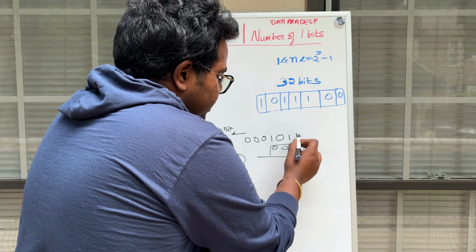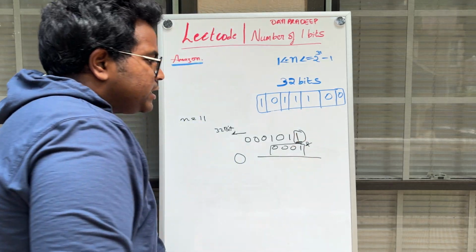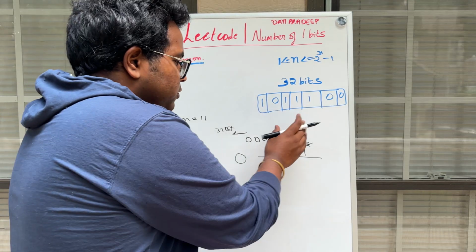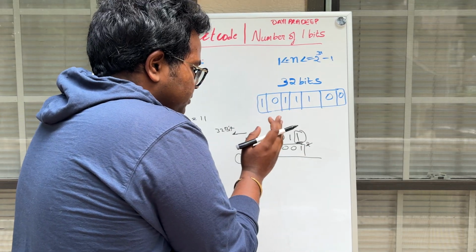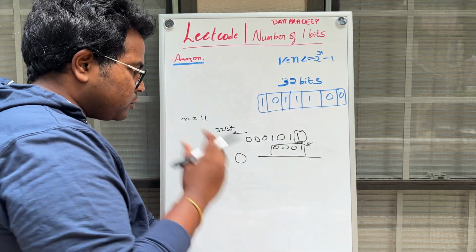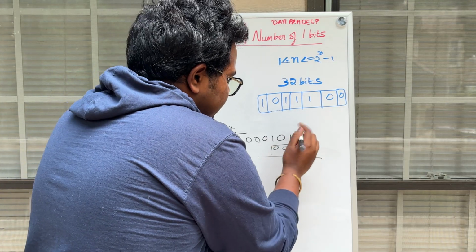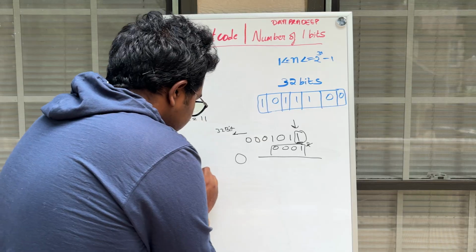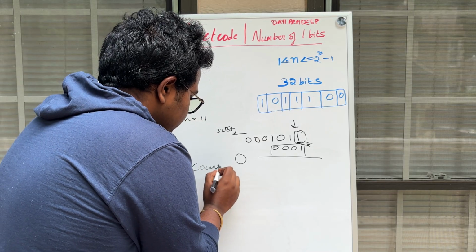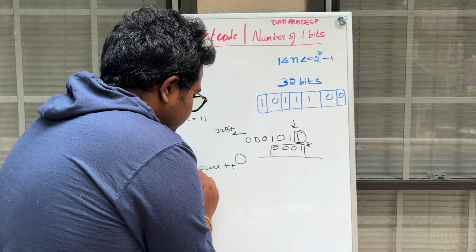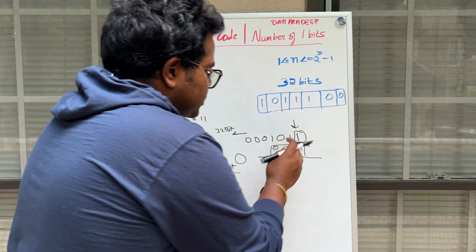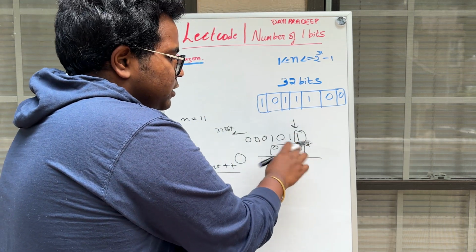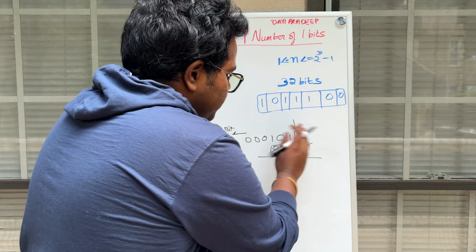Because I need to find out whether a 1 is present at this position. My priority is to know whether a 1 is present at this position. If 1 is present, I'm going to increase the count, otherwise the count stays the same.